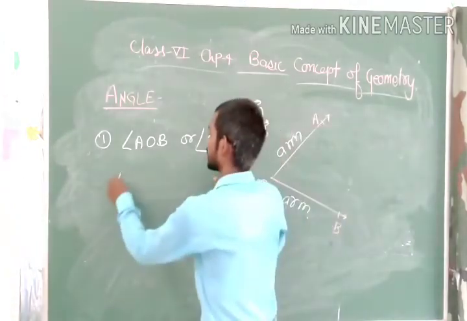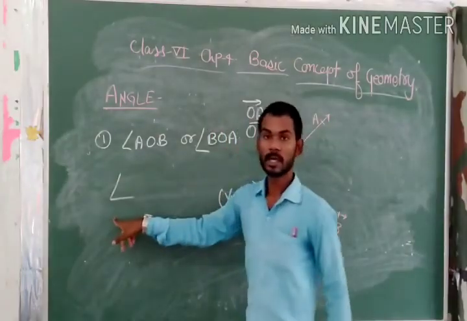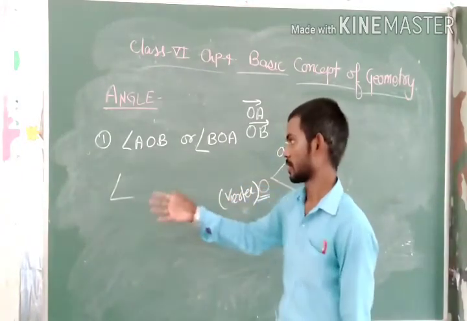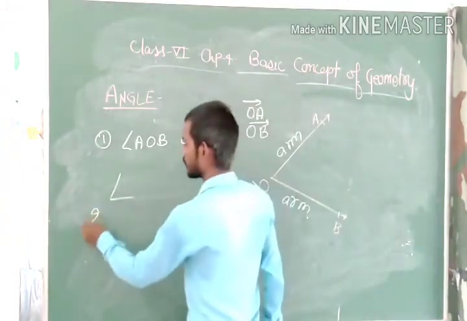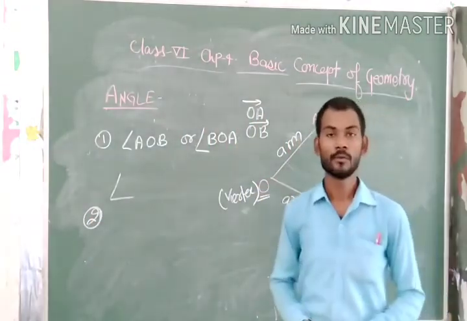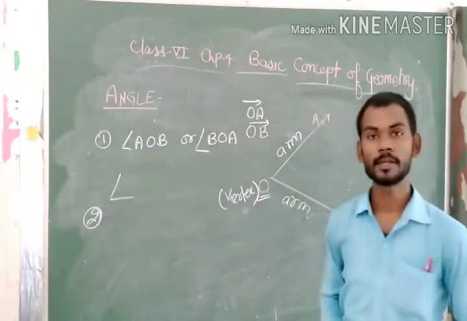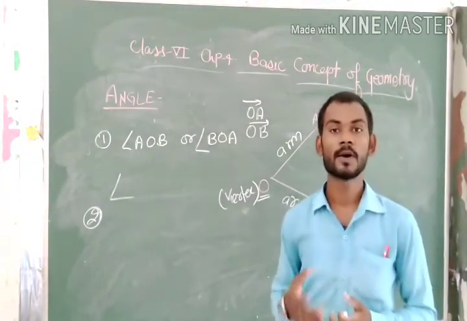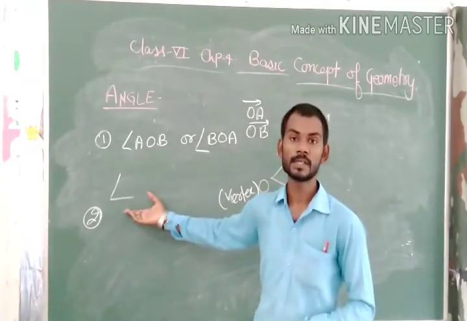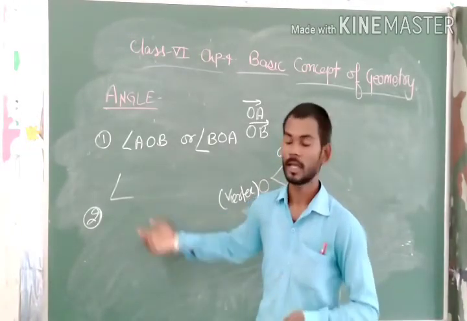The second method to give the name: in this method we just write the name of the vertex using this symbol which represents the angle.